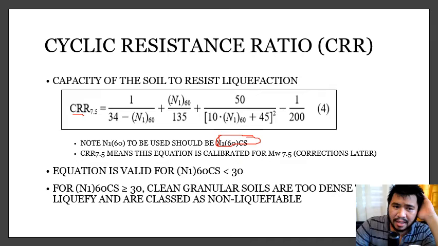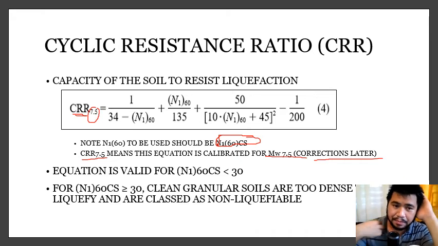Note that you have a 7.5 subscript in the CRR, and that simply means that the CRR value is calibrated for a magnitude 7.5 earthquake. Again, there will be another correction for that, which I will be discussing later on.